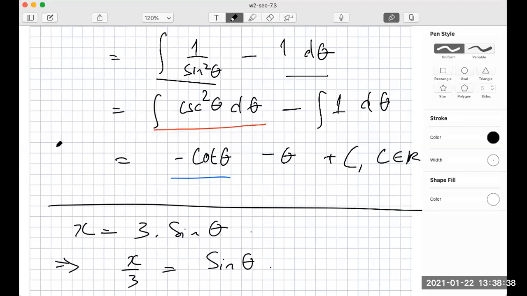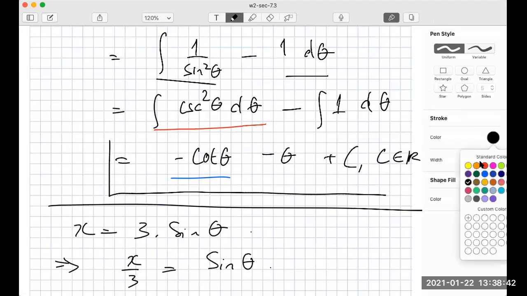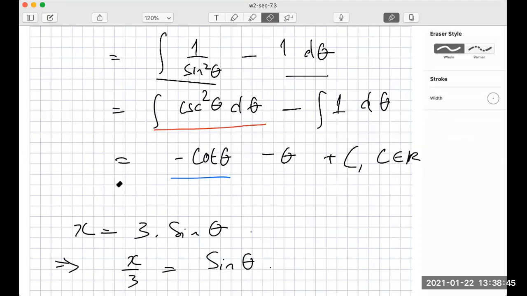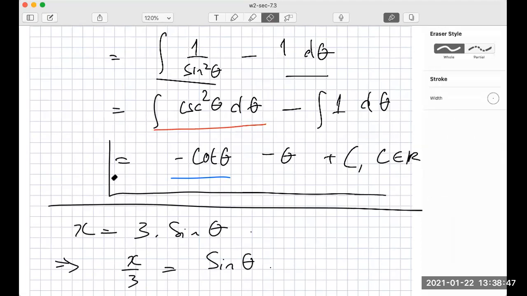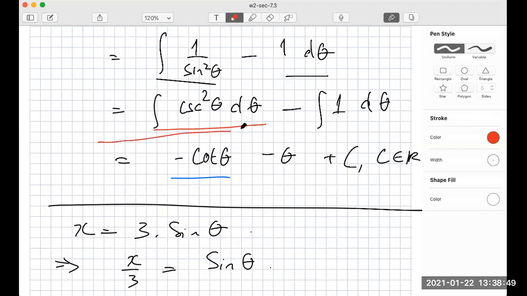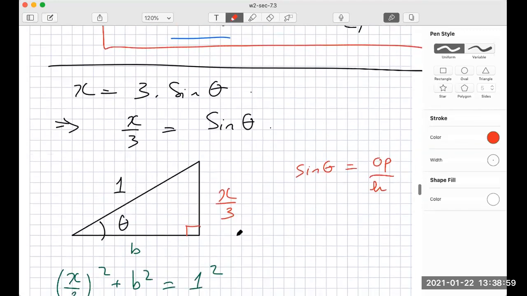Previously, we know that the integral is equal to negative cotangent theta minus theta. How can we find theta and cotangent theta? This is a trick to do it fast, because we have the relation x is 3 sine theta.